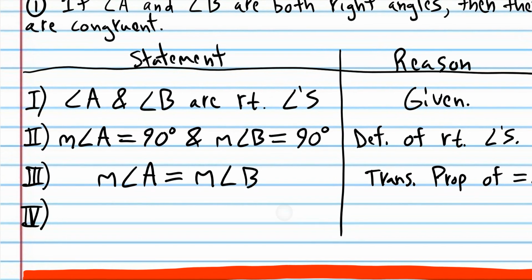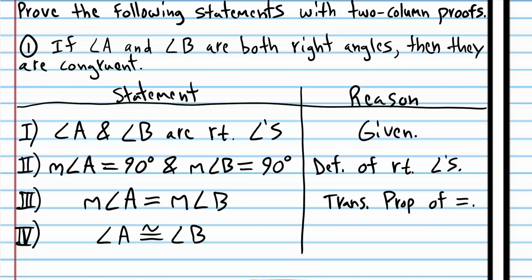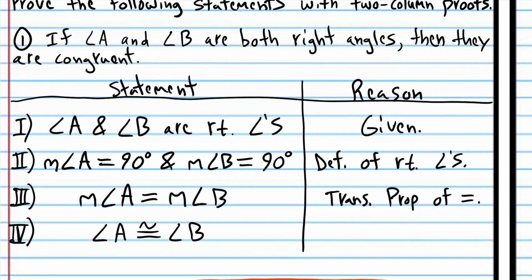Now, if the measures are equal, then by definition, the angles themselves must be congruent. And that's what we were trying to prove, that if angle A and angle B are both right angles, then they are congruent. And that is the definition of congruent angles.